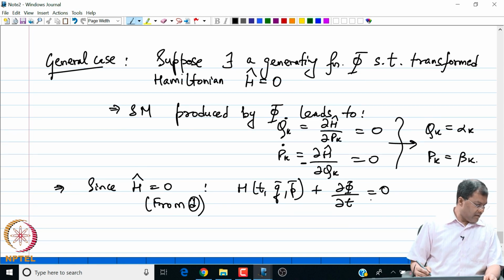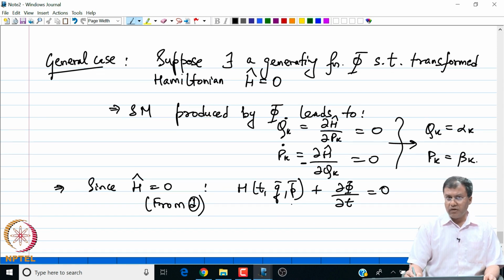Notice that my final relation should not contain any conjugate variables, because conjugate variables are a new set of variables which we have to describe later.